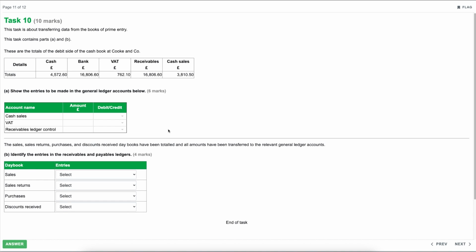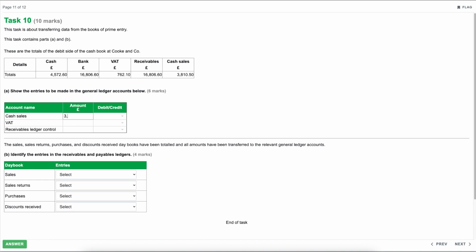Okay, so what we need to do is take the values from our VAT, our receivables, and our cash sales. Hopefully that's fairly obvious given the account names have been given to you here of cash sales, VAT, and receivables ledger control. So let's first enter the amounts in. We can simply take our amounts from our table here and enter them next to the relevant account.